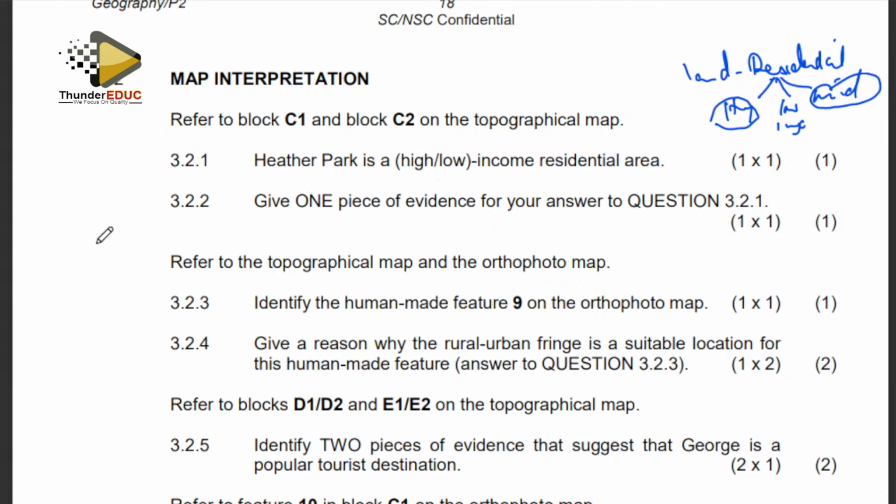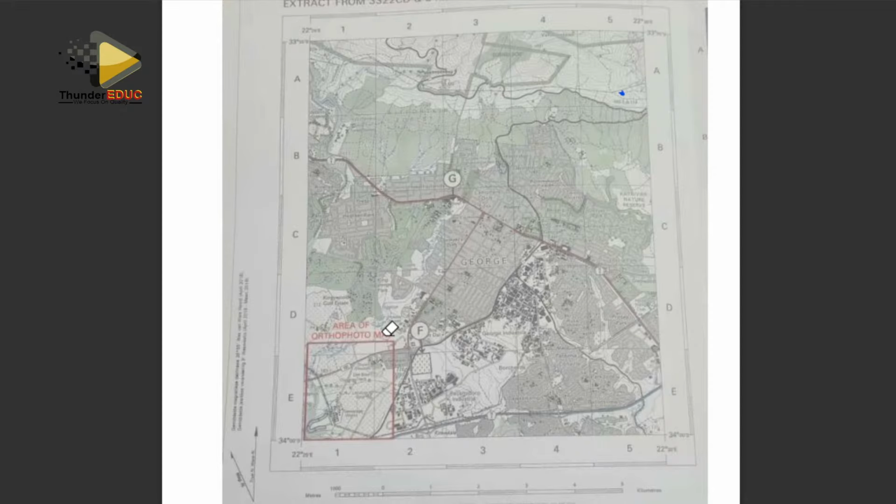So when you look at that area on the map, do you see it as having very big plots? Check here. C1 and C2, you see there, you see here. These are areas that have big blocks and they are far away from the city. So we are now trying to integrate the aspects.